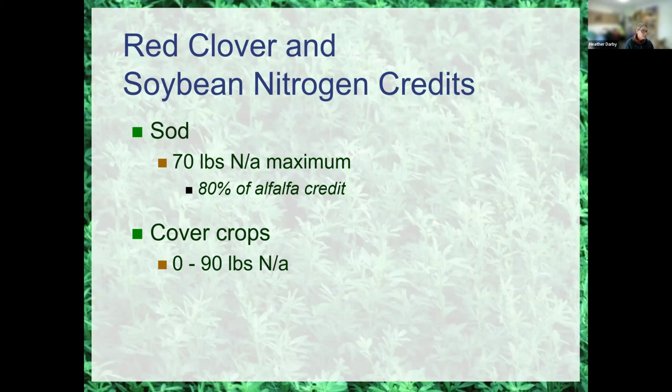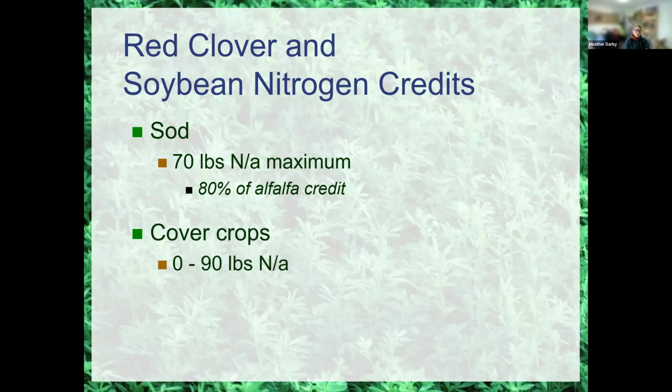Now, same with cover crops. Most cover crops, winter rye, any cereal, they're not making nitrogen. They are just taking up residual nitrogen, excess nitrogen from your cornfield, let's say, and holding it there for the next year.